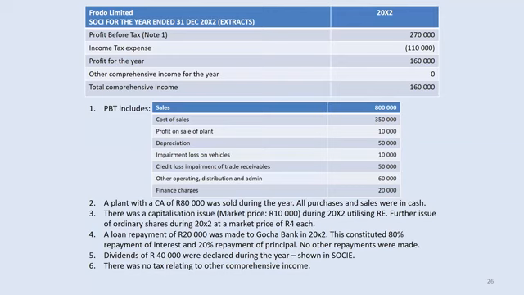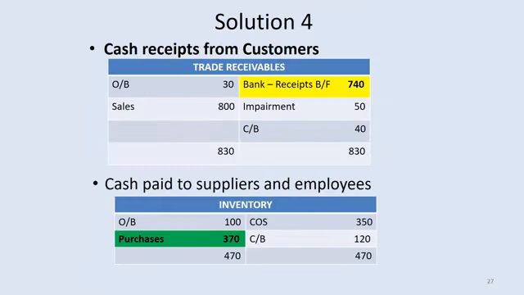Third from the bottom, it said credit loss impairment of trade receivables. So that's some form of bad debt write-off. And we know that a bad debt write-off would be processed on the credit side of our trade receivables account, therefore meaning that our bank value would be represented by 740,000 Rand. So that's going to be an inflow for the company in terms of cash receipts from customers, and we'll show how that fits into our disclosure as we move forward after our workings.